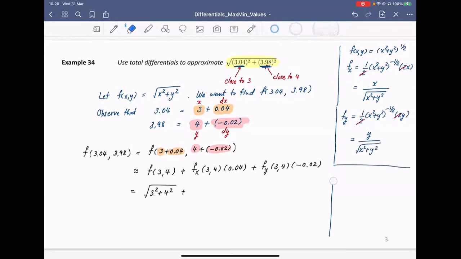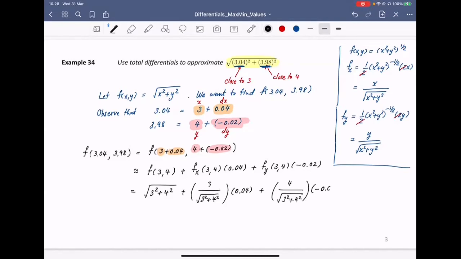So you already have f subscript x and f subscript y, and you can plug in the numbers at 3 and 4. So you get 3 over square root 3 squared plus 4 squared, and then multiply 0.04. And then here you're going to get 4 over square root 3 squared plus 4 squared, and then negative 0.02. Well, the rest of the work, you just need to compute it, and then that would be your answer.